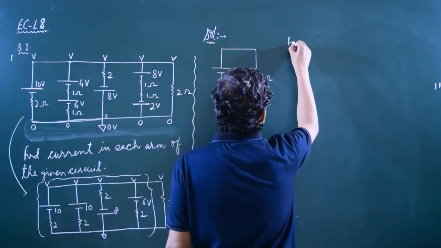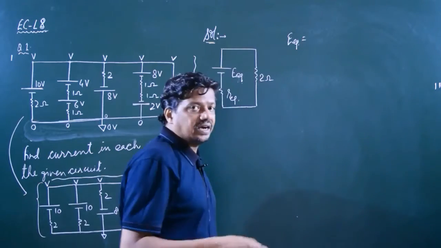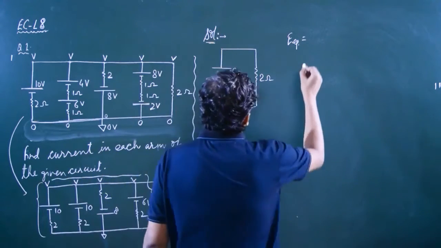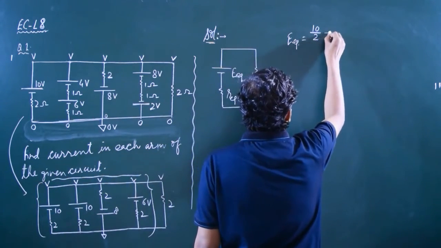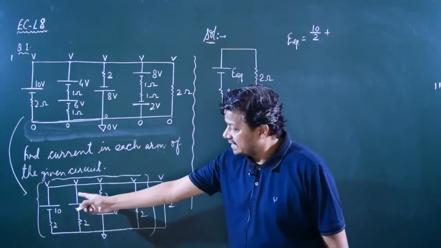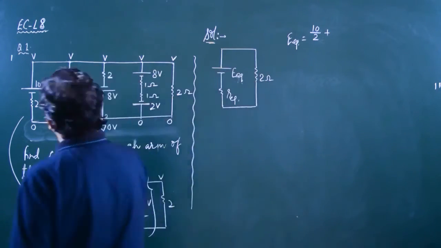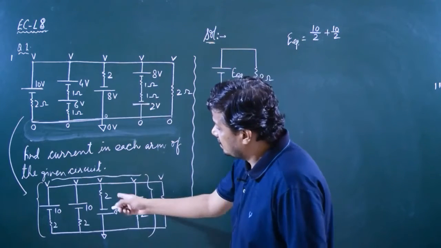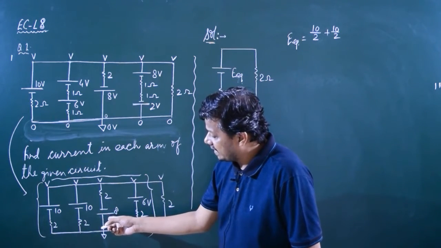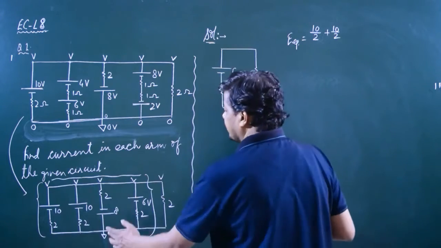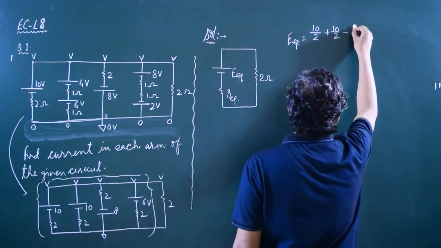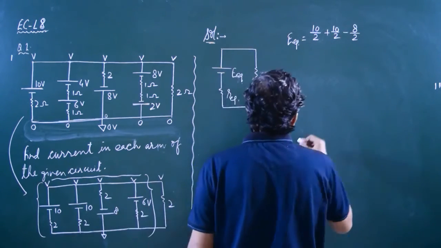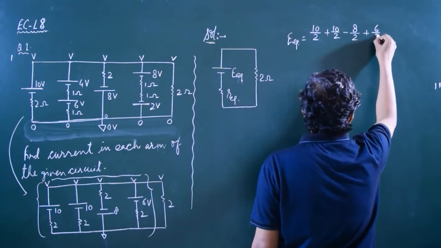So using the formula of E equivalent, that is E1 by R1, E2 by R2 and so on, जो formula बताया था previous class में. Now it is E1 by R1, that is 10 by 2, plus E2 by R2, that is again 4 and 6, 10 by 2. Next, this cell has opposing EMF, that's why it will have the negative sign. So it is minus 8, and internal resistance here is 2. Now it has supportive nature, so plus 6 by 2.